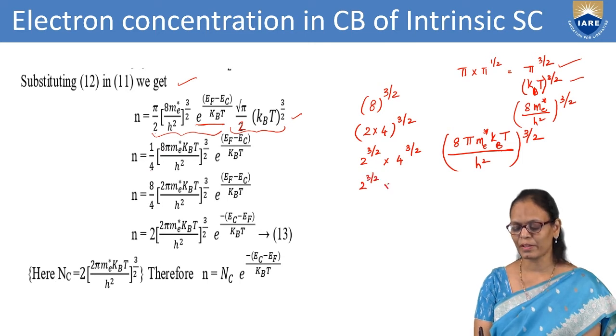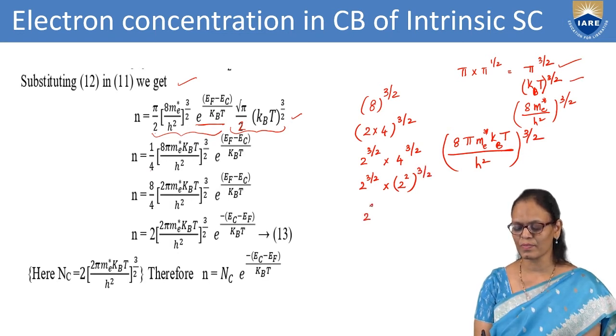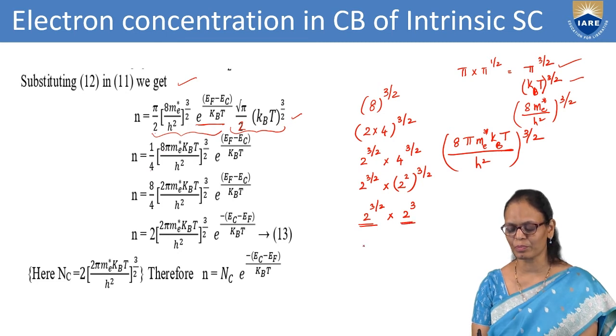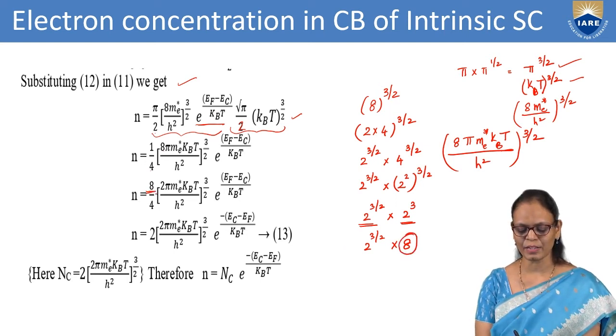So 2 power 3 by 2 into 4, I can write as 2 square power 3 by 2. So this gives us 2 power 3 by 2 into 2 cube. This 2 and this 2 will get cancelled. So 2 power 3 by 2 into 2 cube is nothing but 2 power 3 by 2 into 8. So this 8, I am bringing it outside, and this 2 power 3 by 2 is inside.